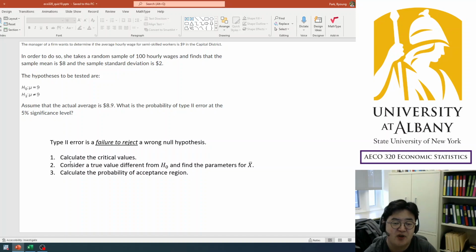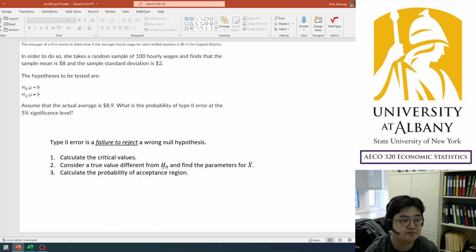And the second step, we assume that the true mean is different from H0, the null hypothesis. Assume a true mean, and then find the normal distribution parameters for X bar based on the assumption. And the last step, we calculate the probability of acceptance, the probability of not rejecting the null hypothesis.